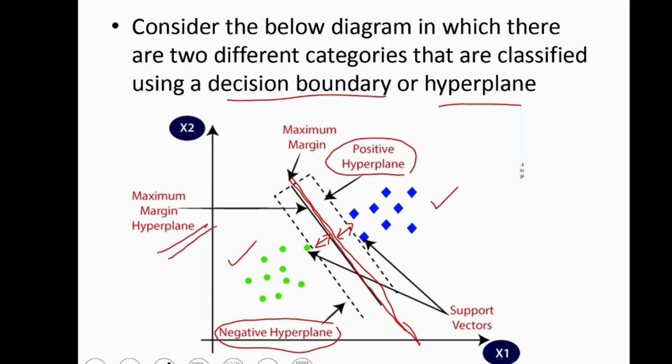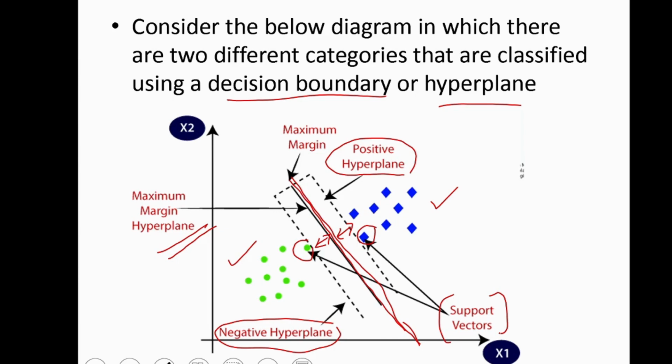These 2 points at the end of each of these classes are called the support vectors. They are called the support vectors because they cannot be moved.